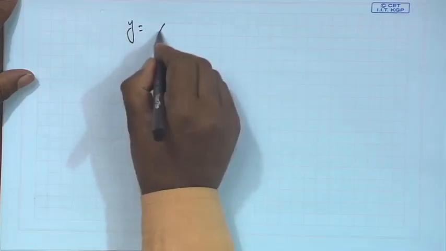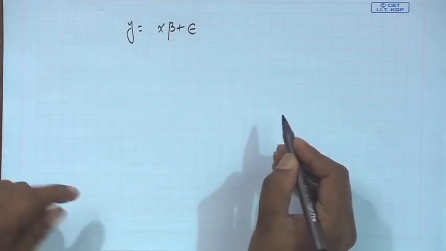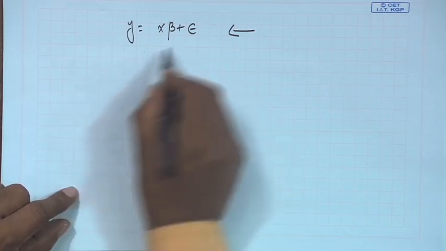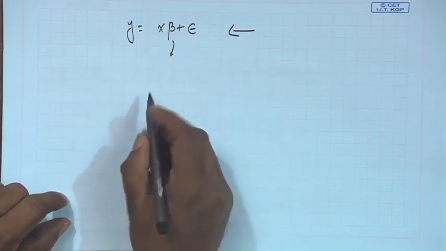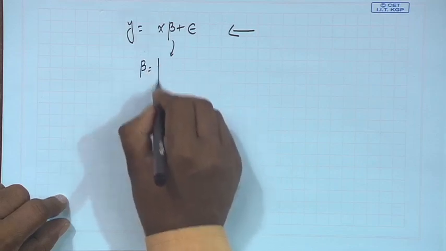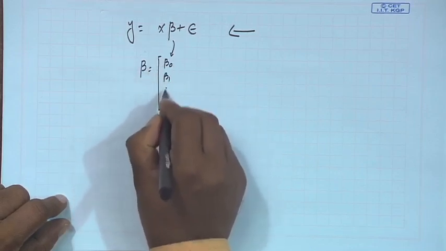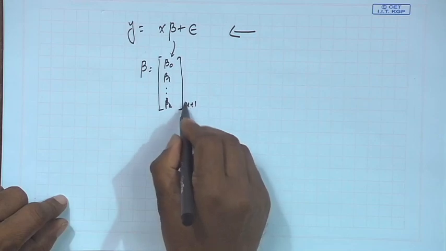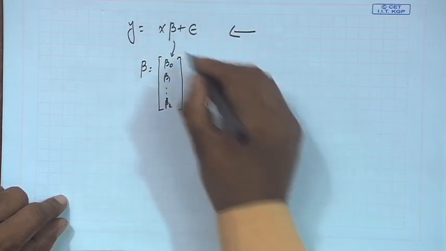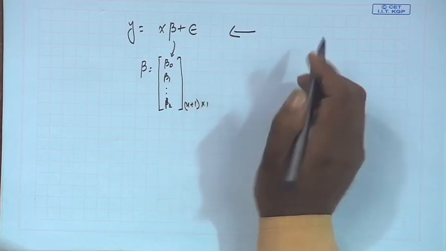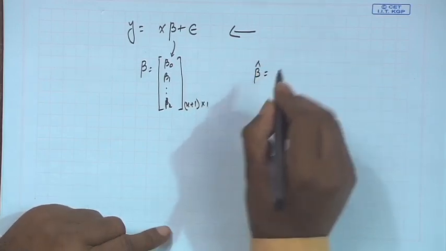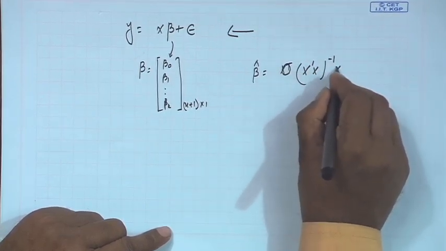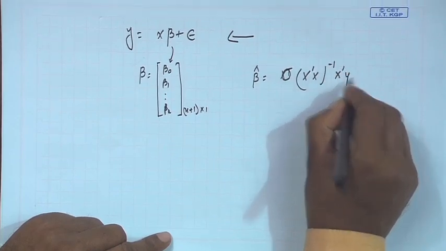You have already seen that the linear regression equation is y equal to x beta plus epsilon, where beta has k plus 1 beta values, beta 0, beta 1 to beta k, into 1, and x is the design matrix, epsilon is the error terms, and you have also seen that the estimate of beta is x transpose x inverse x transpose y.